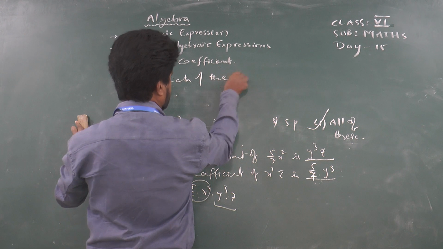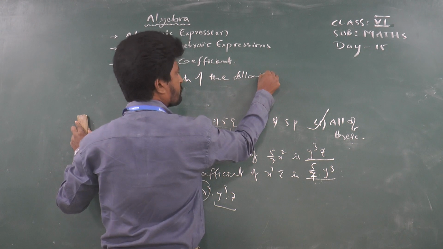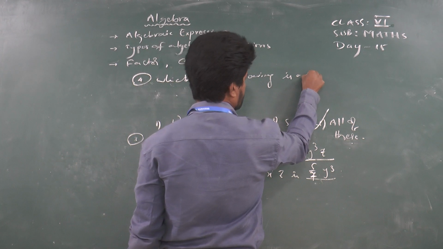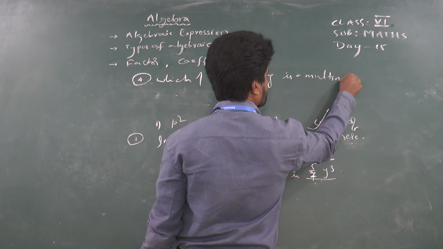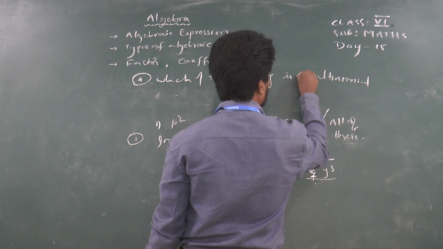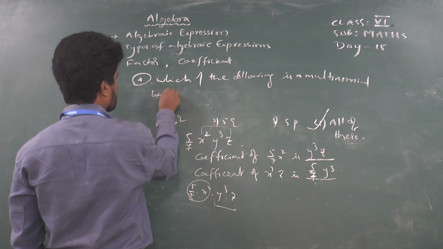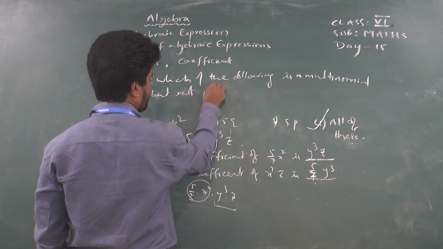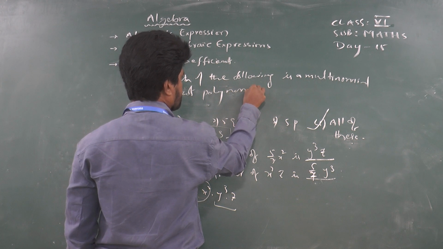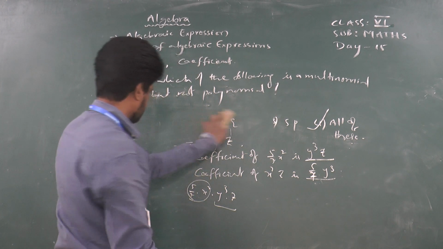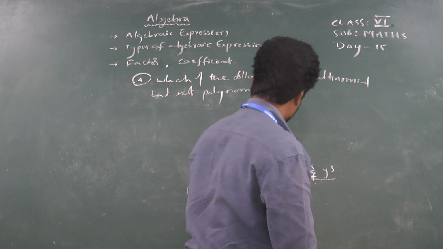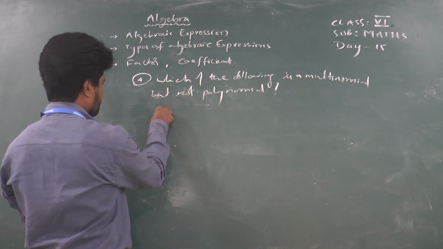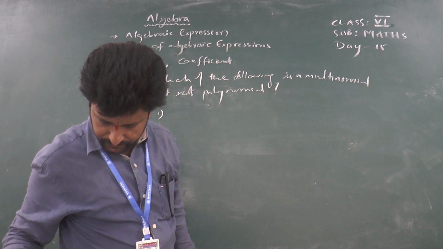Which of the following is a multinomial but not polynomial? You see the options?